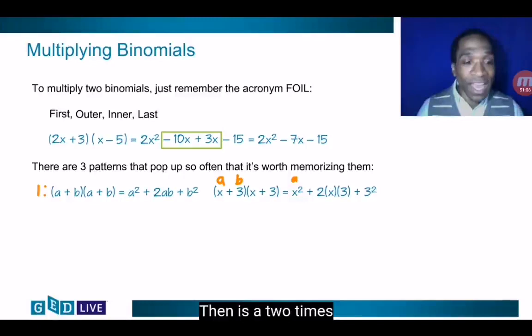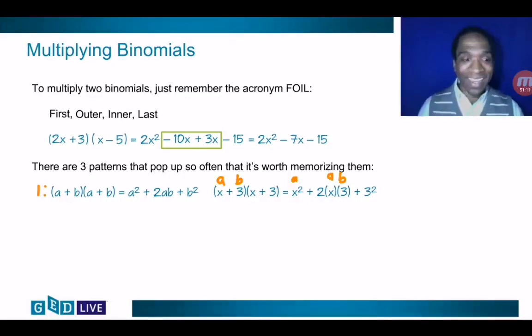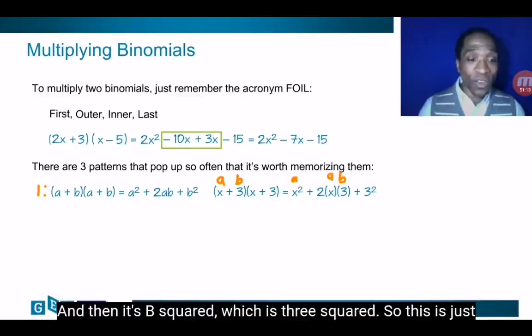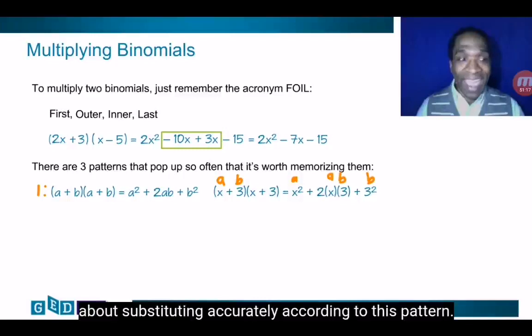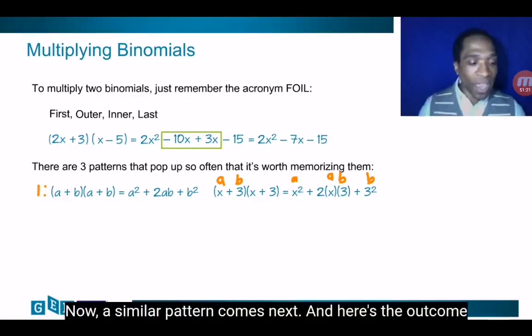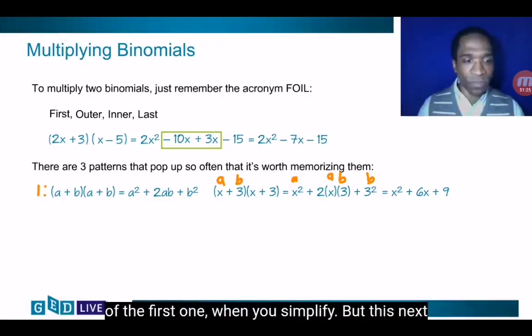Then it's 2 times ab, in this case x and 3. And then it's b squared, which is 3 squared. So this is just about substituting accurately according to this pattern. Now a similar pattern comes next, and here's the outcome of the first one when you simplify.